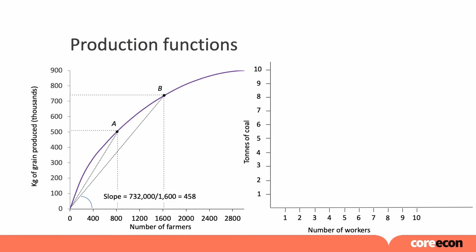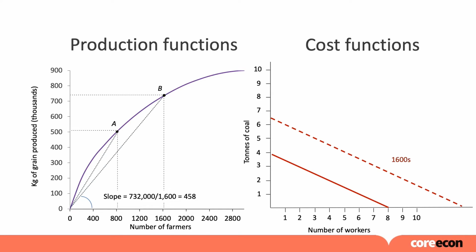We also use this historical data to motivate them to understand cost functions facing cloth producers. In the 1600s, if you're producing cloth in Britain, you faced relatively flat isocost curves, where coal was relatively expensive relative to labor.